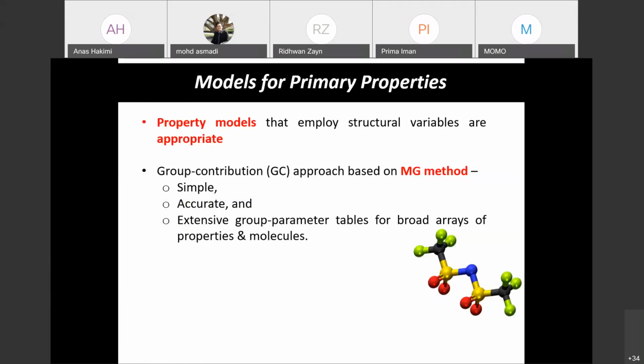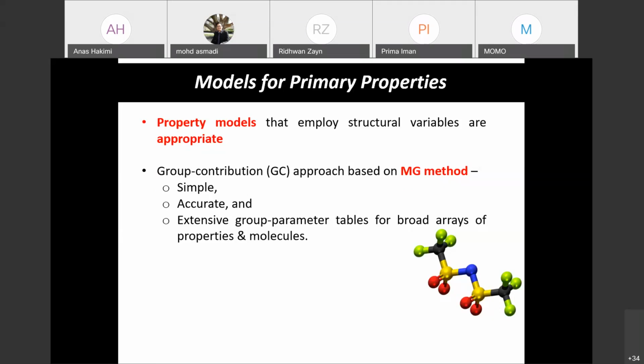Okay, so the group contribution is based on the Marrero-Gani method. If I remember, I uploaded the three papers in the e-learning. You have to read all those papers, and then use all the information in those papers to do the activity. Later I will show you the activity.